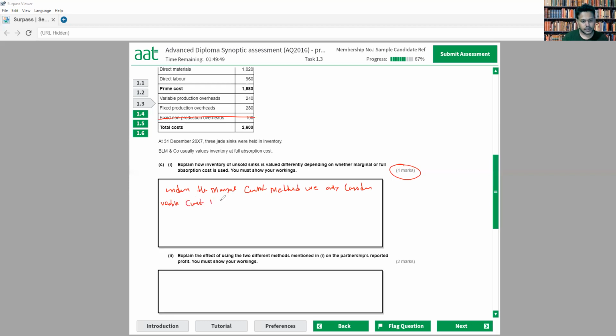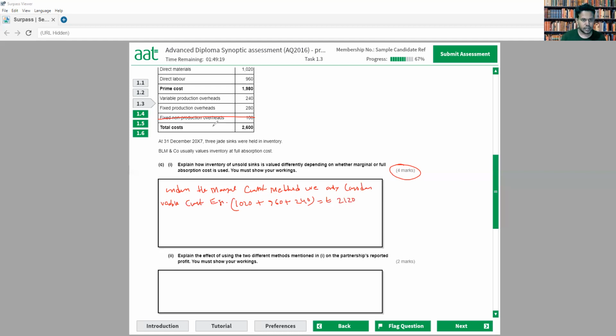Here we're going to say example. Here we're going to take the direct material, that is 1020, plus direct labor 960, plus the variable production overhead 240. So you're going to add all of this. So let's do that. That is 1980 plus 240. And that gives me total cost, total marginal cost 2120.